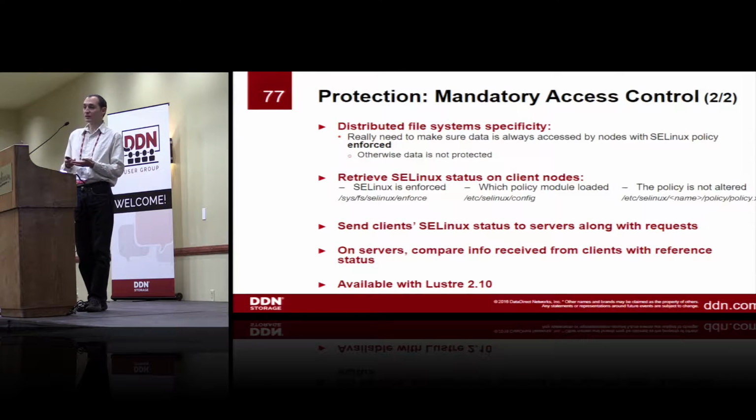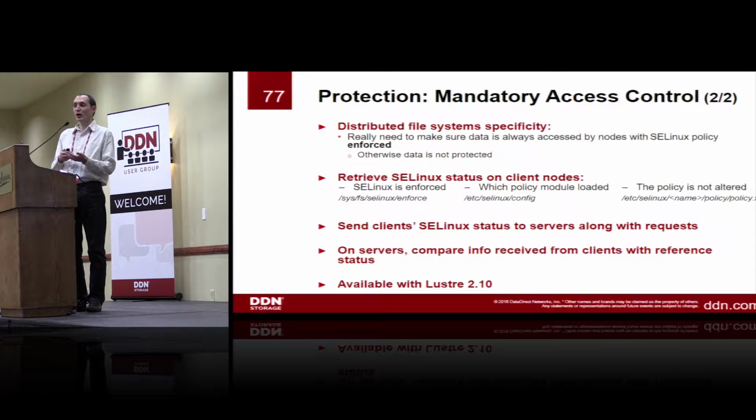But the main difference with MLS is that, as its purpose is to protect data in any distributed file system, we really need to make sure that SELinux is properly enforced on all the clients that are accessing the distributed file system. If it's not the case, it means that from this node, MLS will not be enforced, and so data will not be protected.